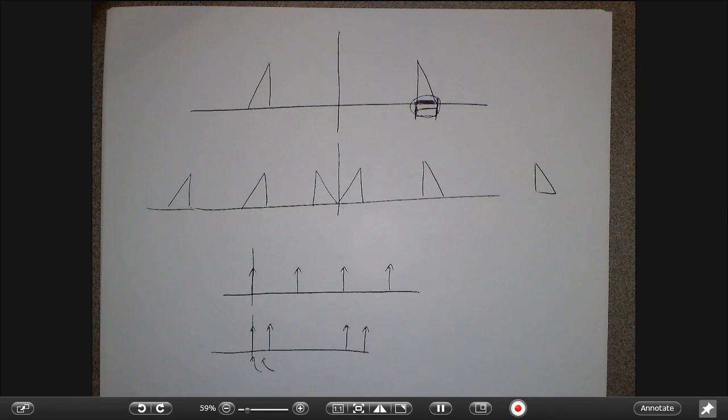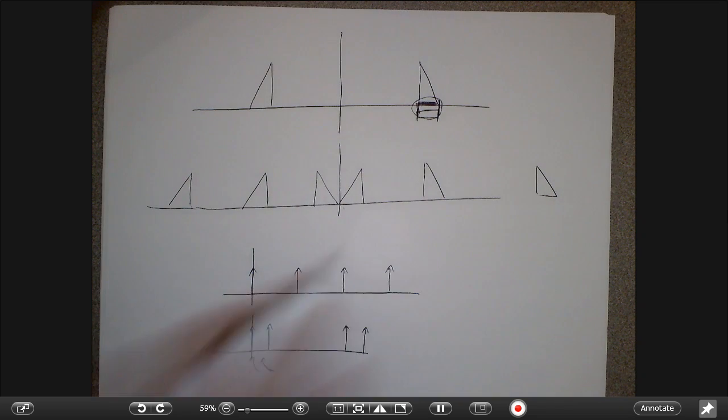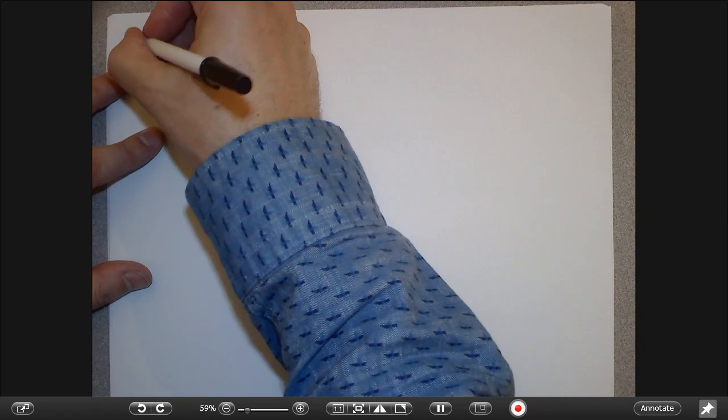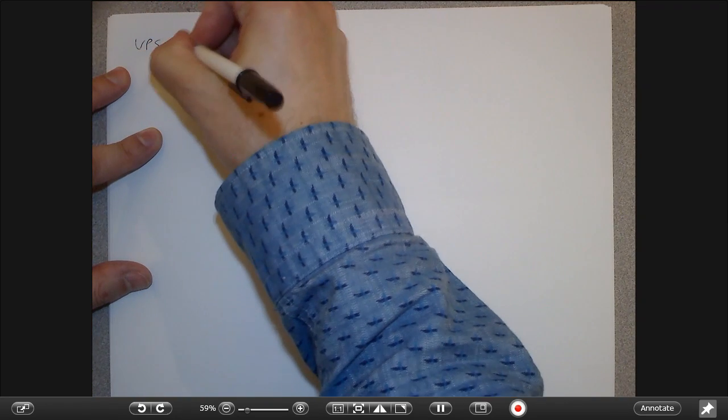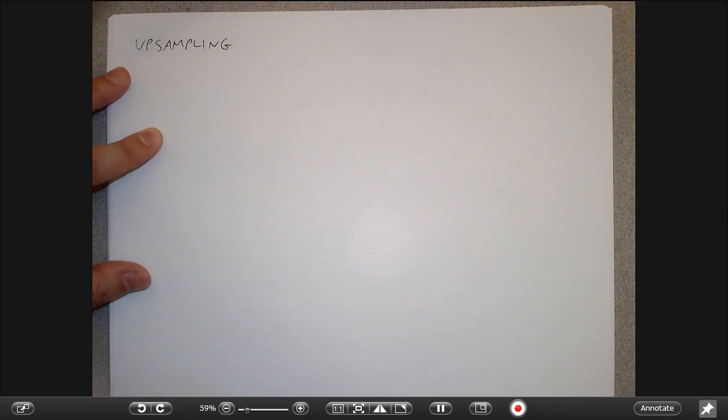Okay. Let me just say a few words about upsampling, and I may say more about it next time. Upsampling is the process by which we increase the sampling rate, right? We get more samples than we had before.